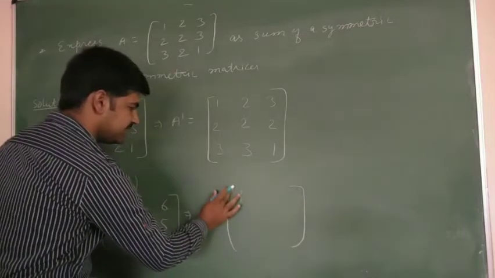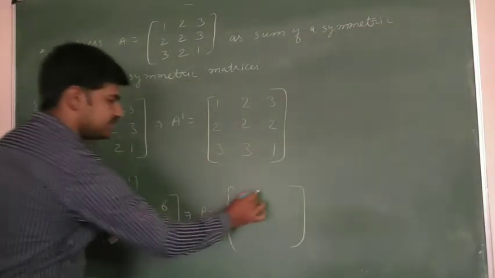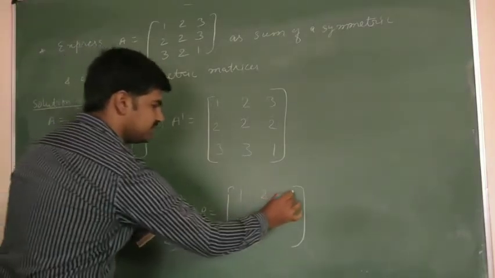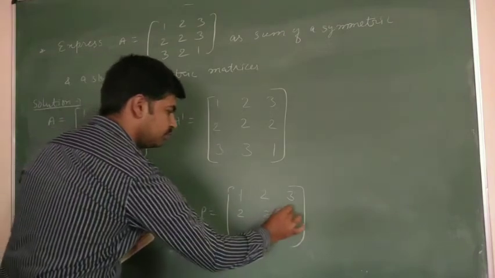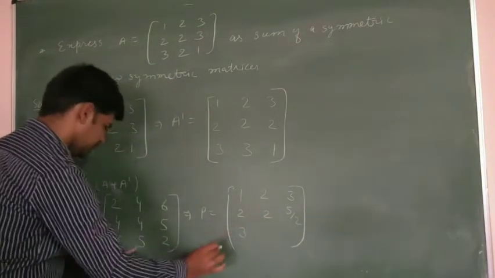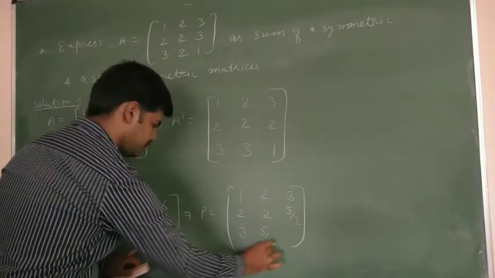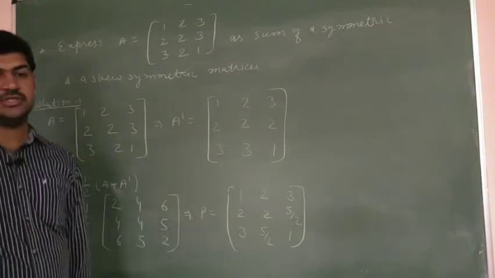This is 1, the first element. Now this half will be multiplied with all of the elements. So here this is 2, this is 3, 2, 2, 5 upon 2, and then 3, 5 upon 2 and 1. We have found the value of P, students.